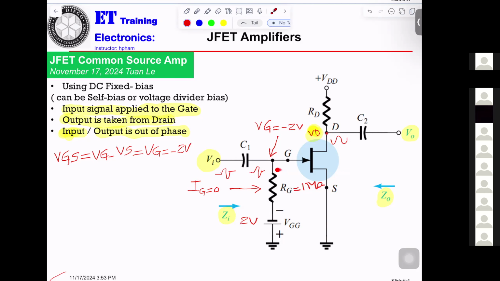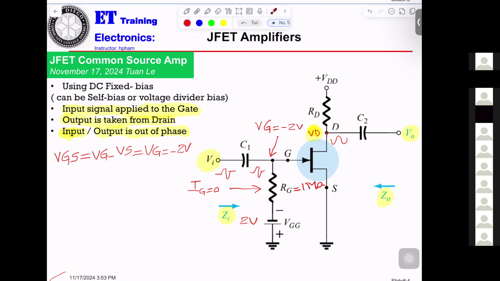I can tell you, this is 1 mega ohm in this situation. That's the input impedance. Okay?